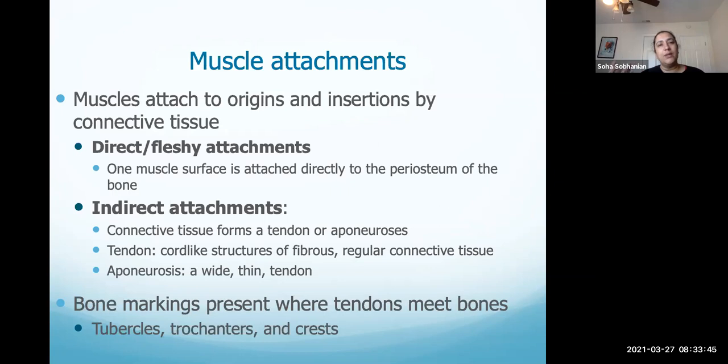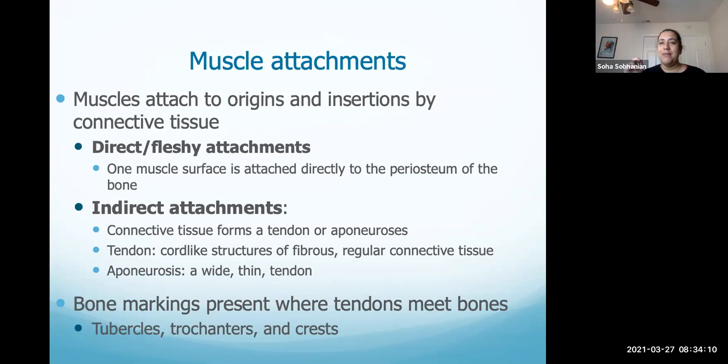And they can be direct or indirect. It doesn't matter which one it is. As long as the point of attachment is on the surface of the bone, that is referred to as a marking on the surface of the bone. The majority of the connections we have are indirect attachments, which rely on either tendons or aponeurosis.